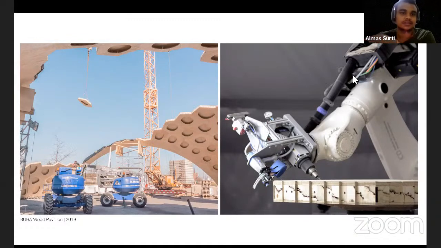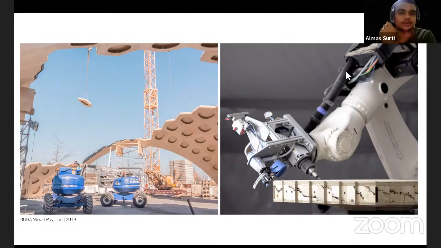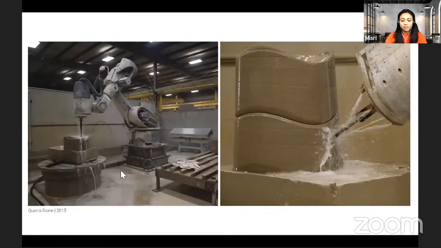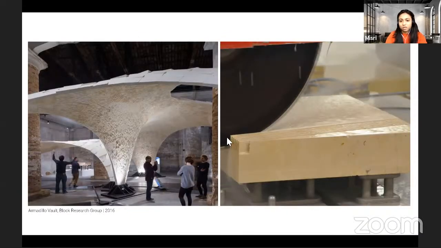It is not done through CNC milling. Oh, this was CNC milling. Well, robotic milling. Armadillo. That one wasn't. That was, oops, there we go. So this one was primarily using a circular blade, which was numerically controlled.